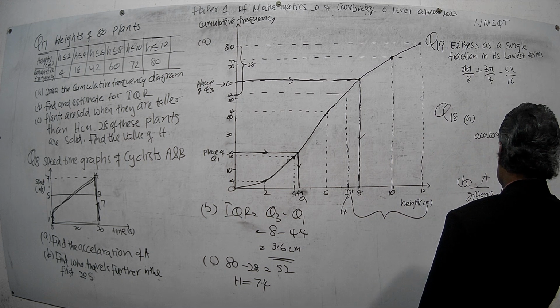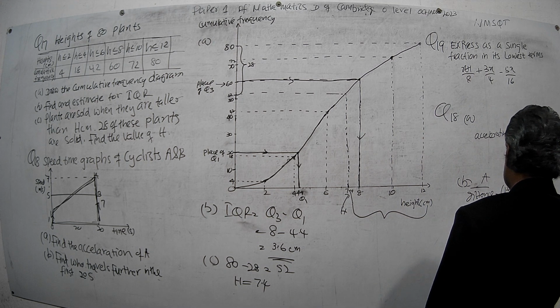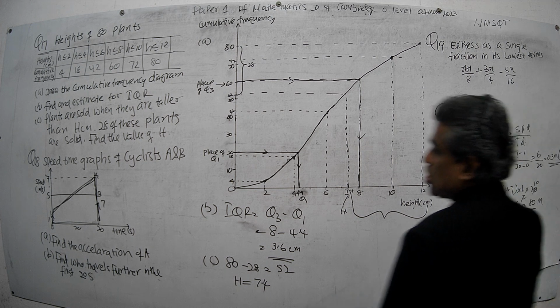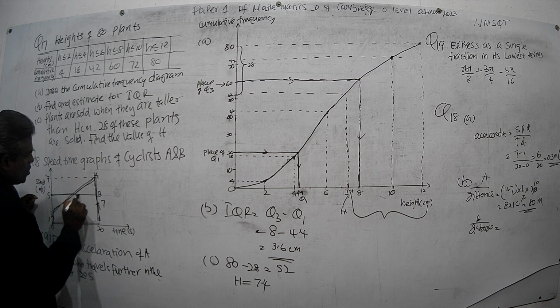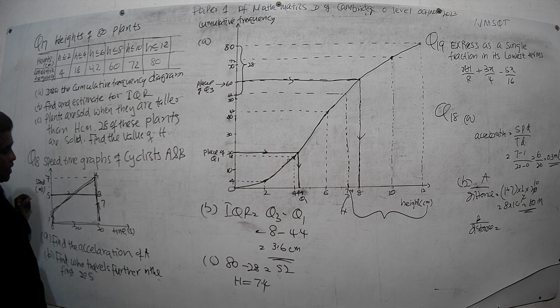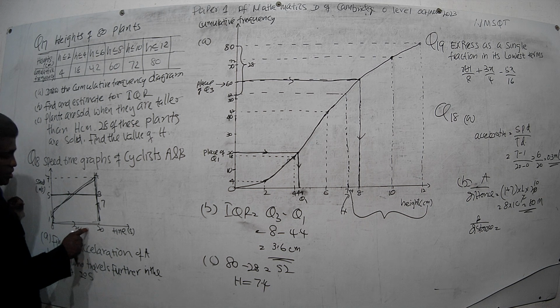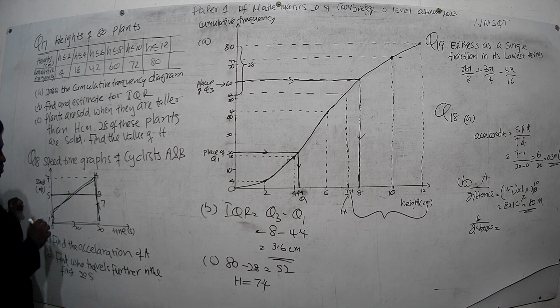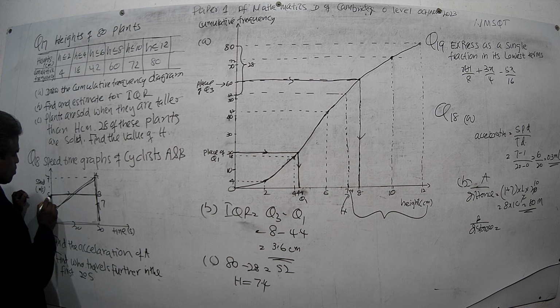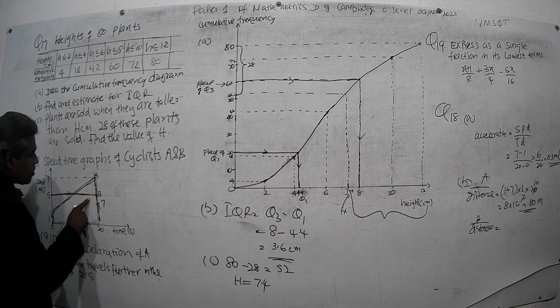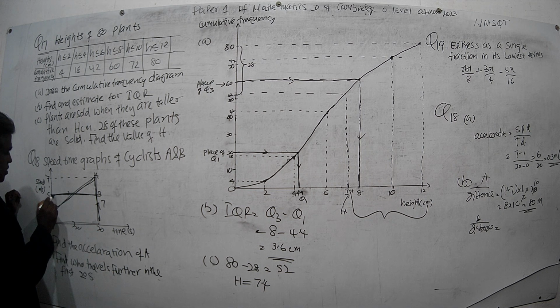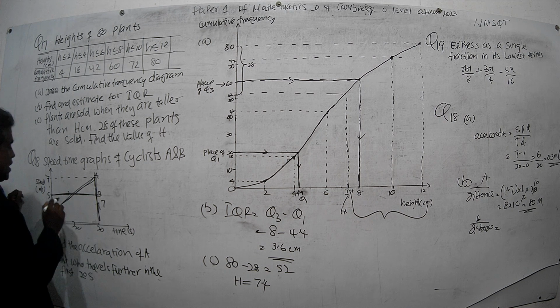Then go to B. How much has B traveled? Look, B's speed time graph is a horizontal line parallel to the x-axis, the time axis. The distance traveled by B is the area under his speed time graph, that means the area of this rectangle.